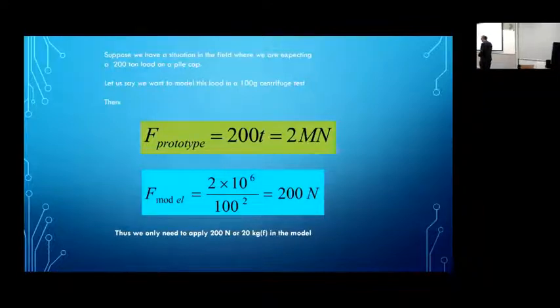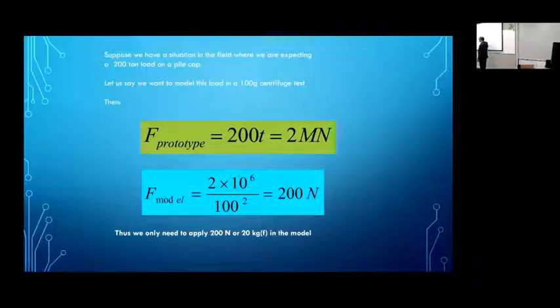Now, suppose I want to do the same thing in a centrifuge mode with a smaller pile spinning around at, say, 100 g. Then the force I require is, because we already know the scaling law for force is 1 over n squared, 2 times 10 to the power of 6 newtons over 100 squared.